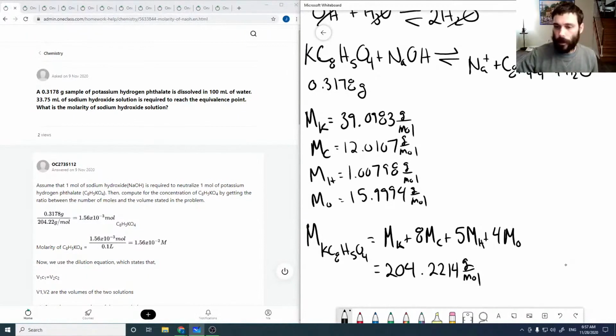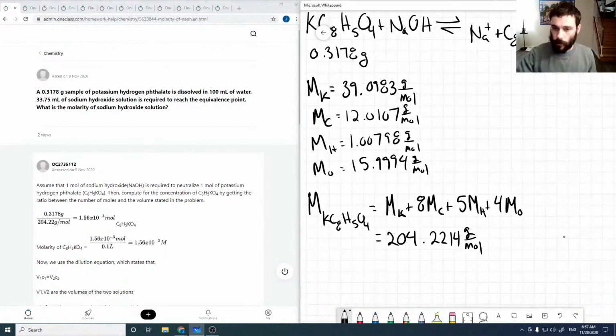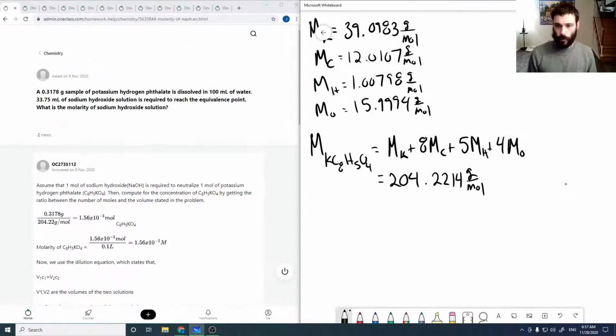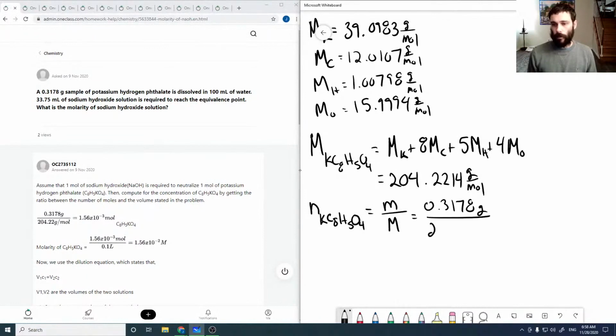Okay, so then we're given that there's 0.3178 grams. So the number of moles of potassium hydrogen phthalate is just the mass over the molar mass, which is 0.3178 grams over 204.2214.